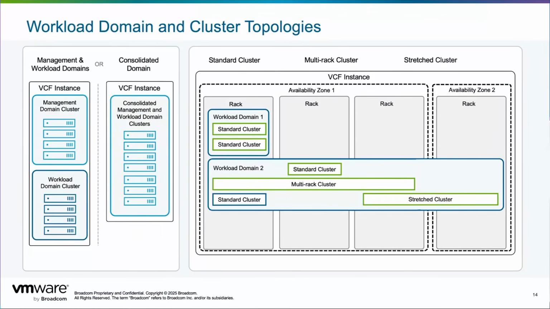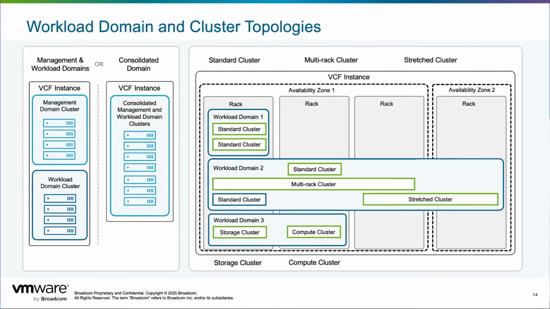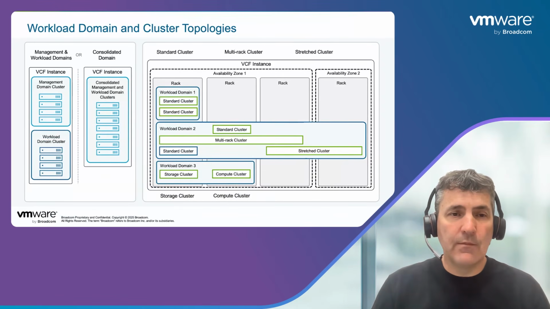In addition to the resilience that was built in, we also have support for vSAN storage clusters. So this is where I can build a storage cluster comprised inside of one rack, and then I can mount the storage provided by that storage cluster into other clusters running in other racks. So as you can see, when it comes to the workload domain and cluster topologies, we have a lot of options, we have a lot of flexibility.